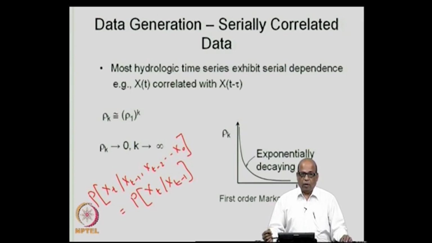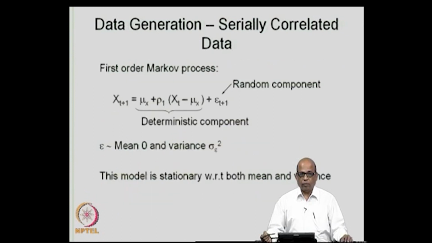In general, in hydrology, we can approximate especially the large time scale processes, for example monthly stream flows and seasonal stream flows, by the first order Markov process. And we introduce the data generation models for the first order Markov processes as indicated here. Essentially, let us say we are looking at the annual stream flows.